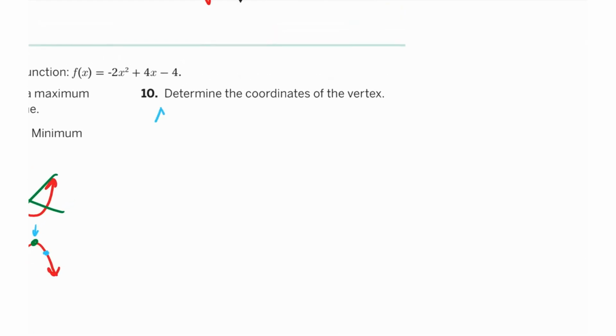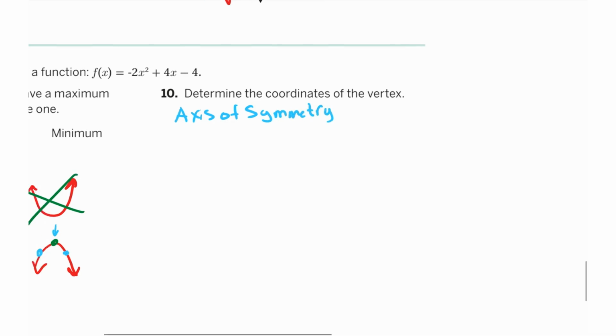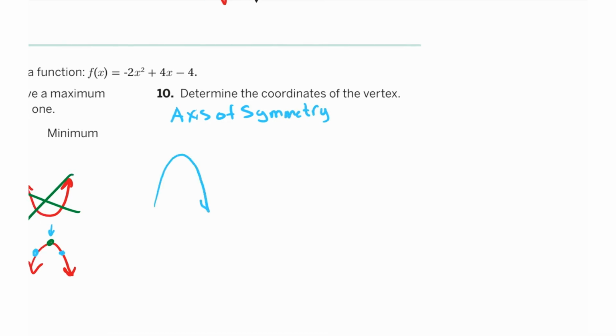It's called the axis of symmetry. And if you don't know this, or maybe don't remember it from a previous class, the axis of symmetry tells us where on the parabola, in this case a downward shaping parabola, what x value this is here. And so that really tells us what is the x value of the vertex.